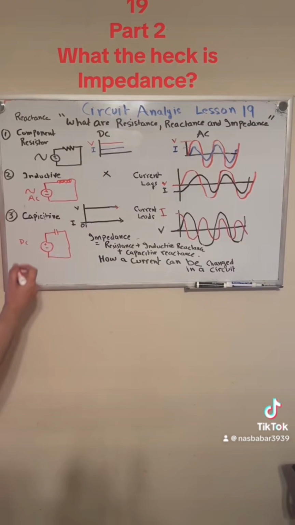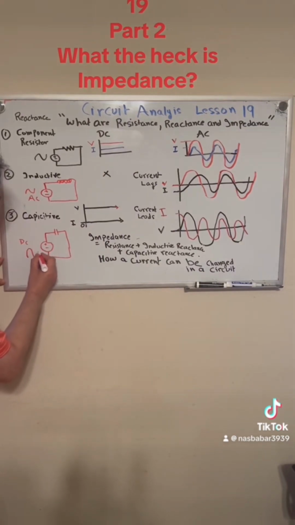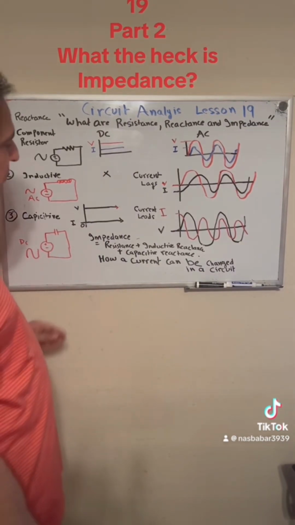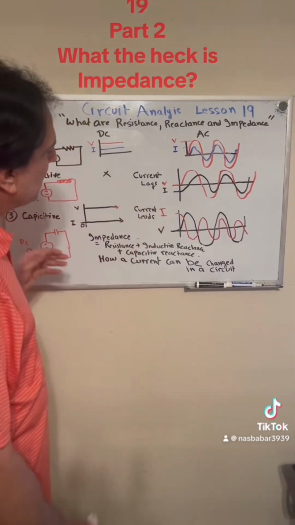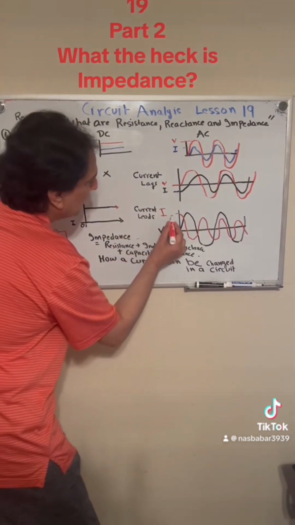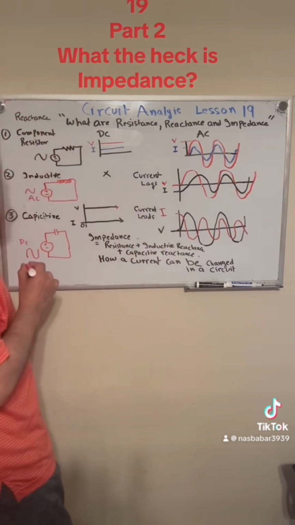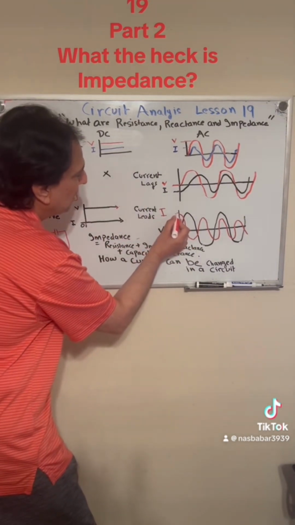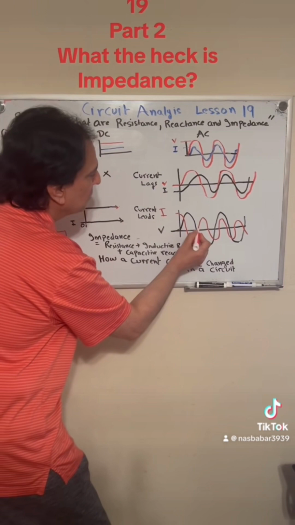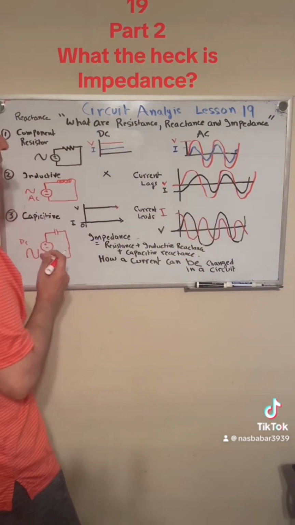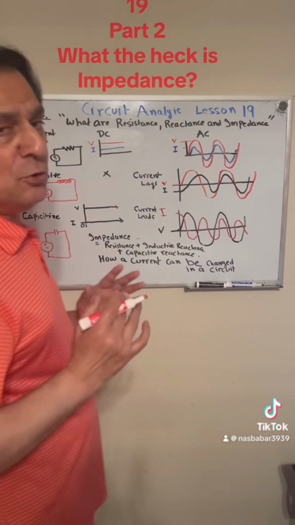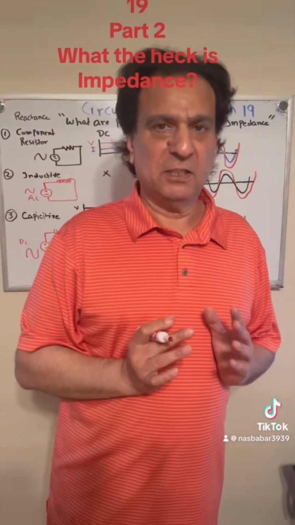Now let's say we change the source to AC and look at the behavior. On an oscilloscope, we will see that the current starts first. As you can see, the current in red has started first and the voltage is lagging. That, my friend, is known as capacitive reactance.